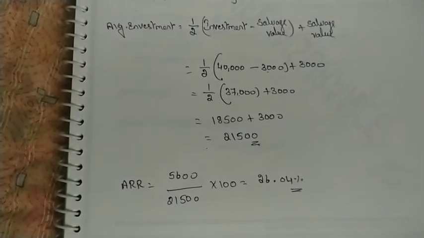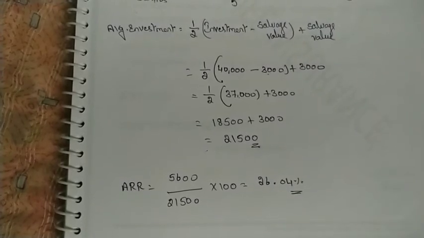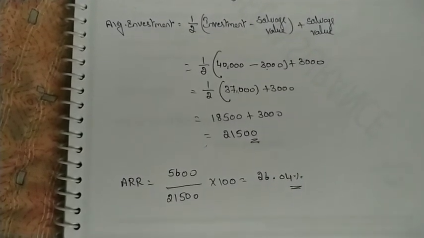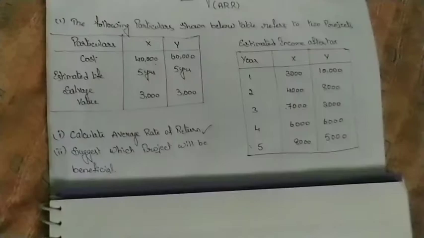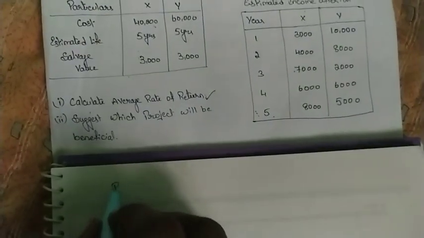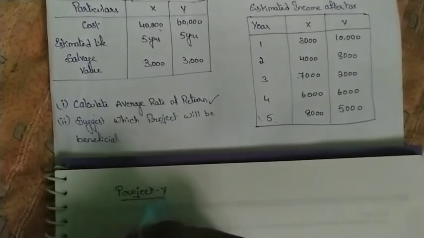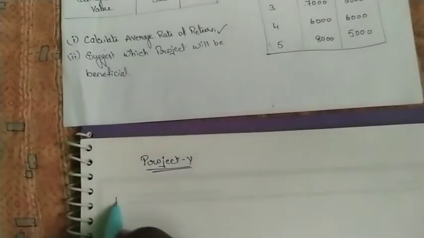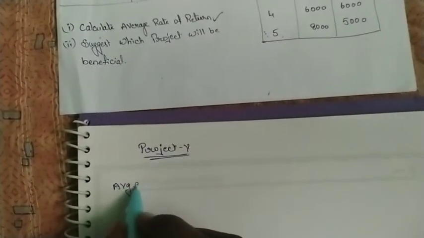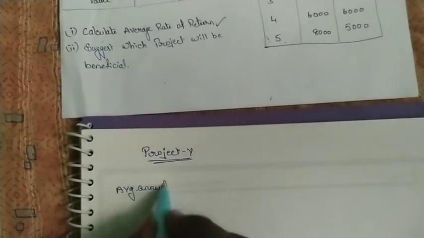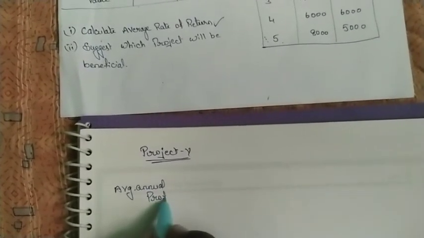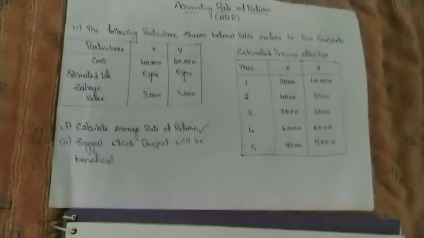In the same way, we will go for calculating the accounting rate of return for project Y also. First calculate the average annual profits, that is total profits divided by number of years.